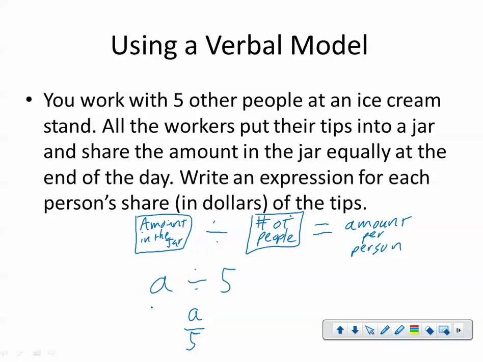That's the symbol that represents this. The number of people was 5 because they told us that up here in the problem. So we're trying to create a model. We're trying to use our words to translate, right? That's what our goal for the day said, right? Our target for the day was to translate this sentence into something that we can just represent in 2 symbols or any number of symbols.